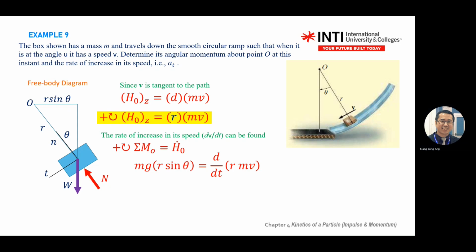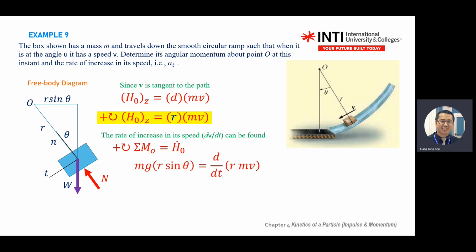This one, actually, you write the mg sine theta, then times the R, then you get the moment. So your W, this is W sine theta. Okay, then you times the R, you get the moment. Correct, my slides are correct. No corrections are needed. So the moment on the left is you take the W sine theta, then you times the R, you get the moment.